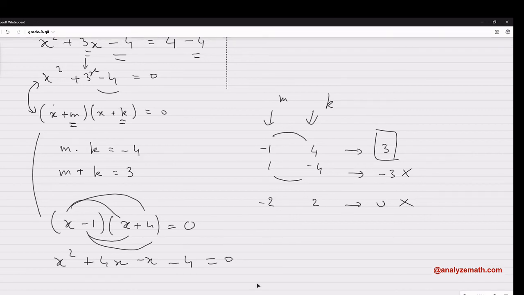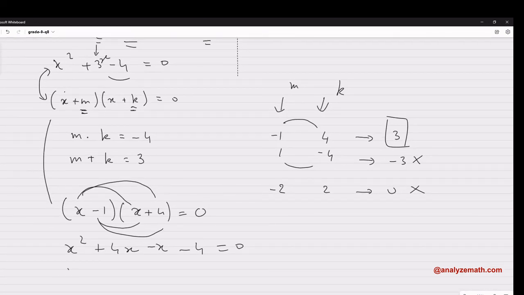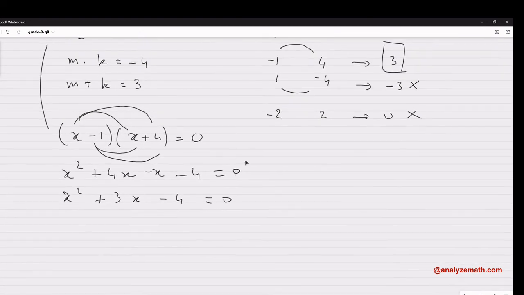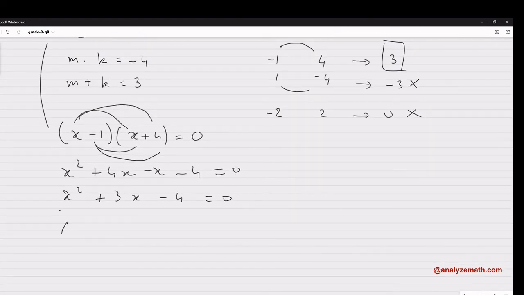And this is exactly the equation we have: x² plus 3x minus 4 equal to 0, which is our equation here. Good. So in factored form, x minus 1 times x plus 4 equal to 0. This is our equation in factored form.